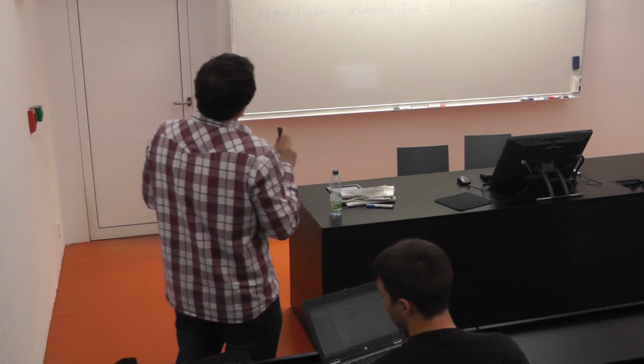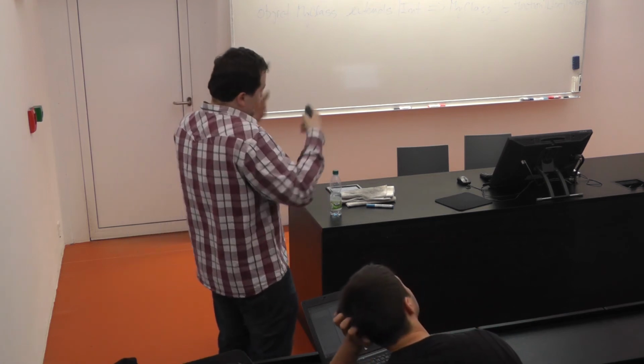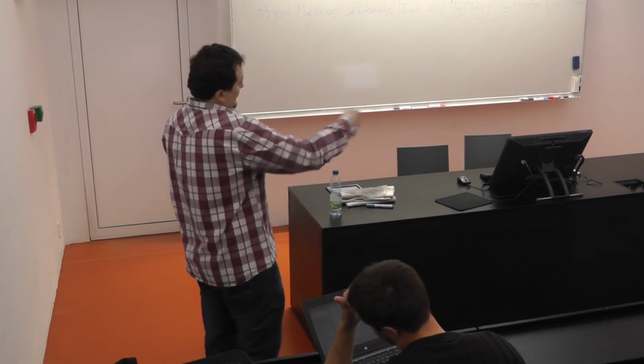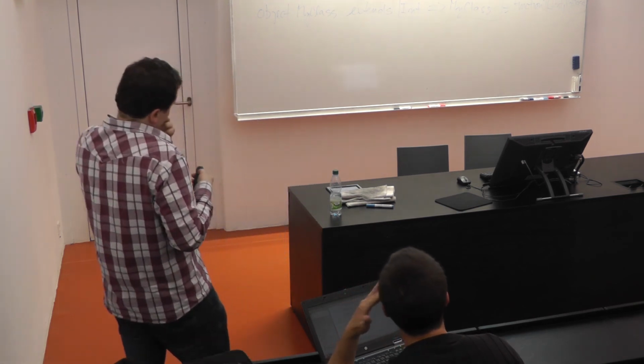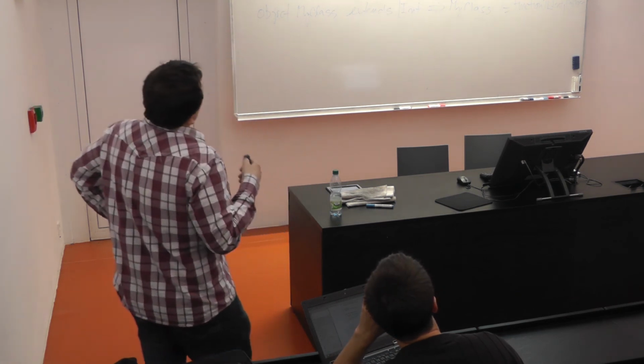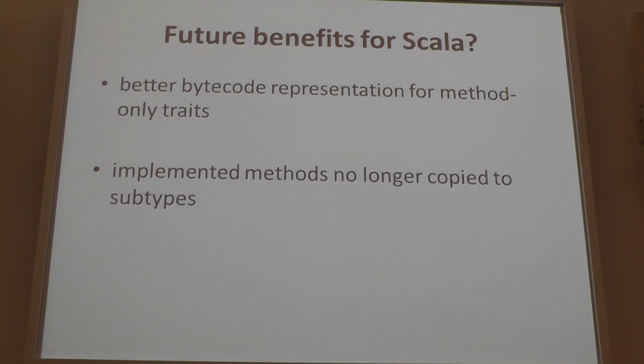And for example, in some future versions of Scala that will target Java 8, you could implement traits differently, but only the traits that have only methods, because interfaces in Java cannot have variables.